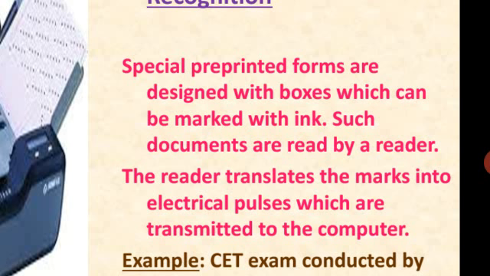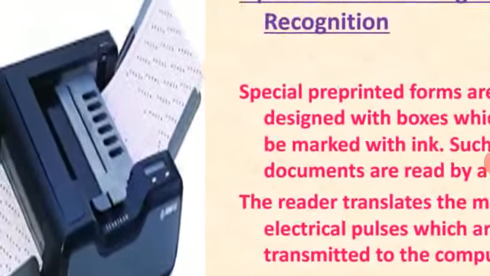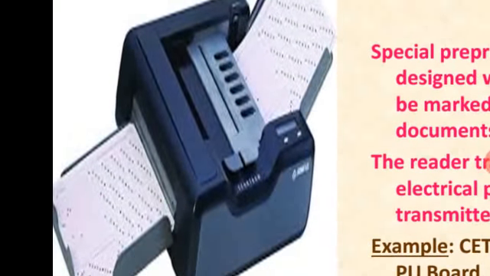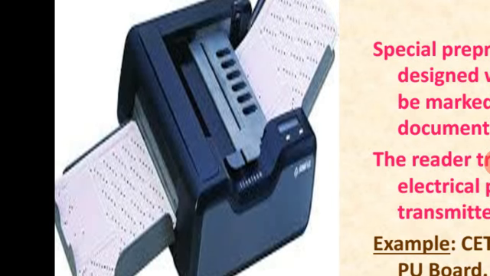This reader translates the marks into electrical pulses and transmits them to the computer. Let me give you an example. In this diagram there is a paper kept in the reader, and the paper has small boxes. When you write the PUC second year CET exam, you will come to know this OMR sheet.